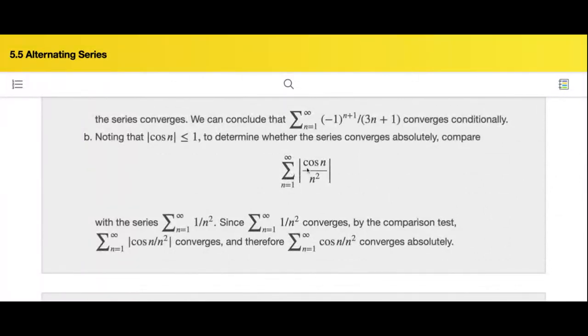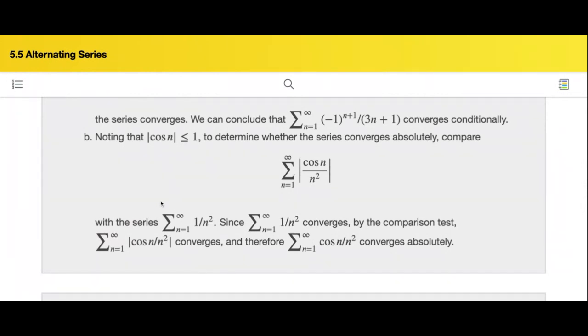So we want to compare this one with 1 over n squared, the P series, because we know the P series converges. Well, let's see. So we want to compare with the P series when P equals 2. Since the P series when P equals 2 converges, by the comparison test the absolute value of this converges, right?